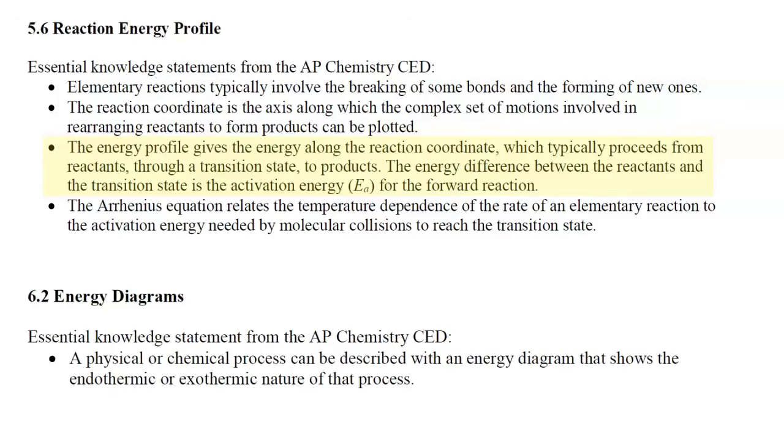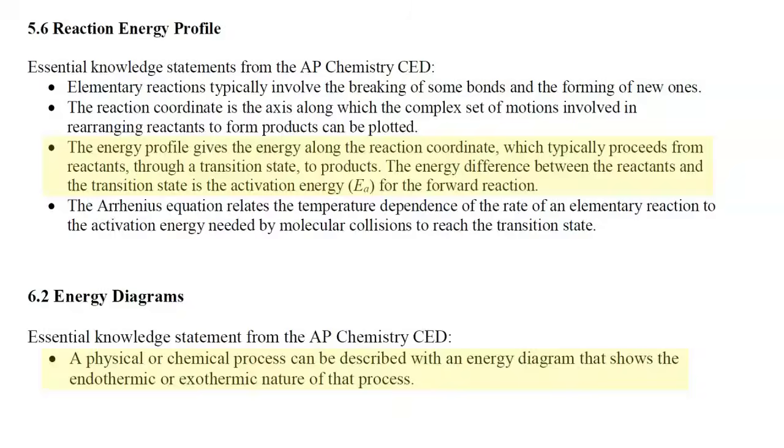So topic 6.2, energy diagrams, says a physical or chemical process can be described with an energy diagram that shows the endothermic or exothermic nature of that process. Another important topic in Unit 6 that relates to question 3 is topic 6.6, enthalpy of reaction, which I will talk about in just a moment.